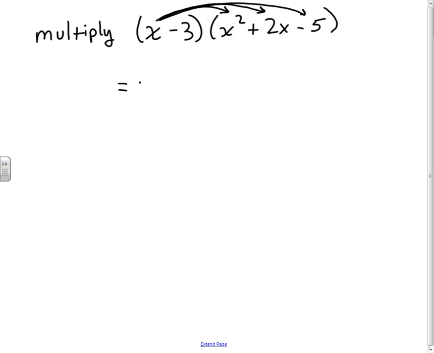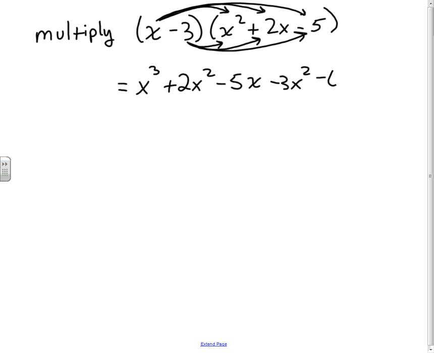So x times x squared, x cubed, x times 2x, plus 2x squared, x times negative 5, minus 5x. Now we're going to multiply the negative 3 by each term. So negative 3x squared, negative 6x, and positive 15.